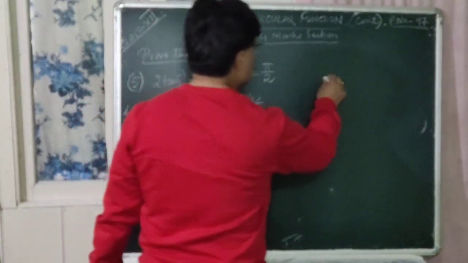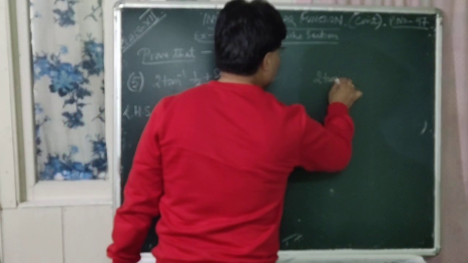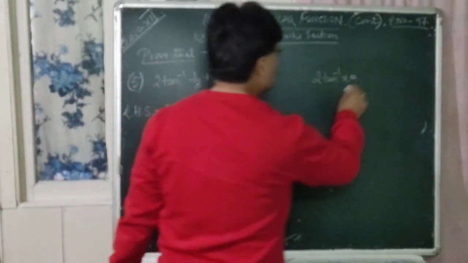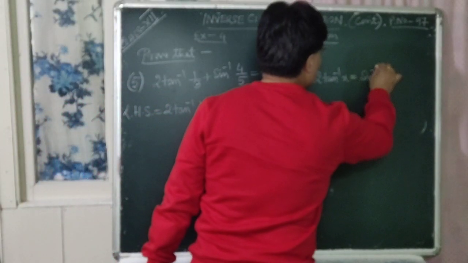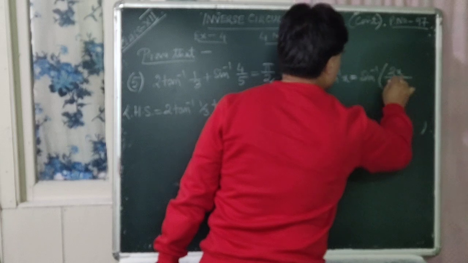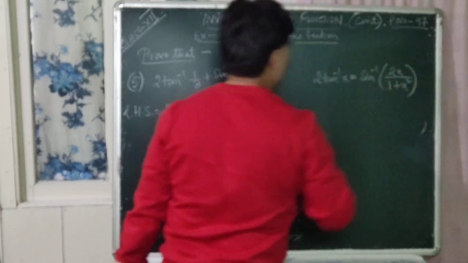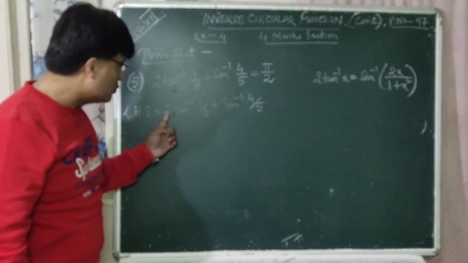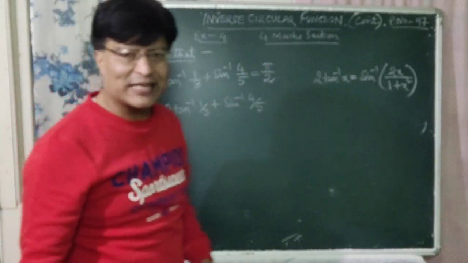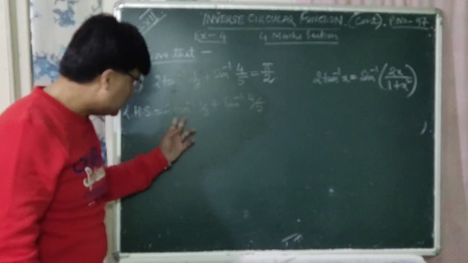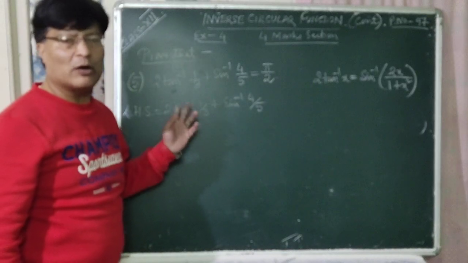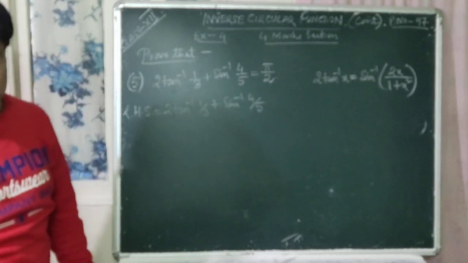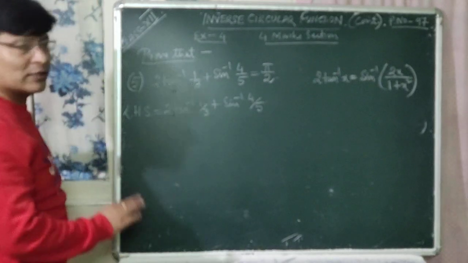So the formula is 2 tan inverse x is equal to, in terms of sine inverse, sine inverse 2x divided by 1 plus x squared. So in this case, we need to convert this 2 tan inverse 1/3 into sine inverse, so that in this problem you can use the formula of sine inverse x plus sine inverse y.